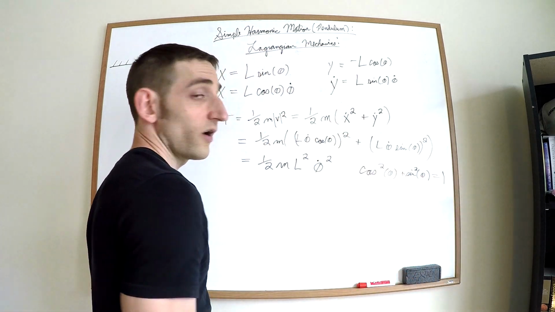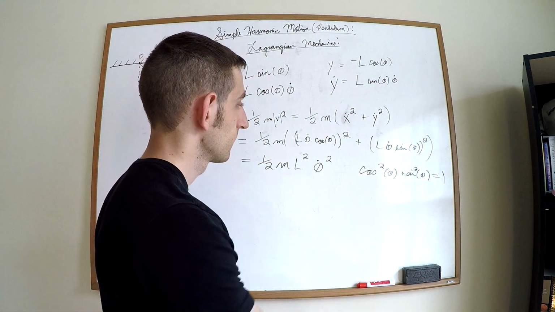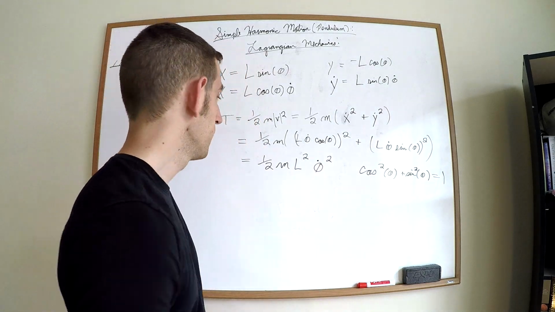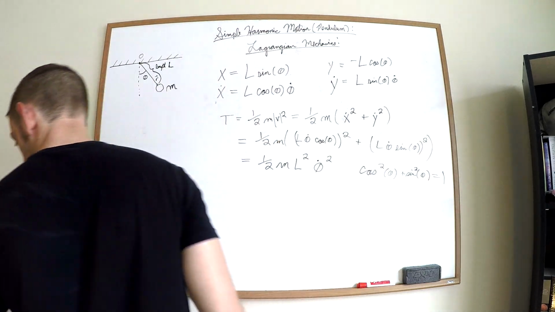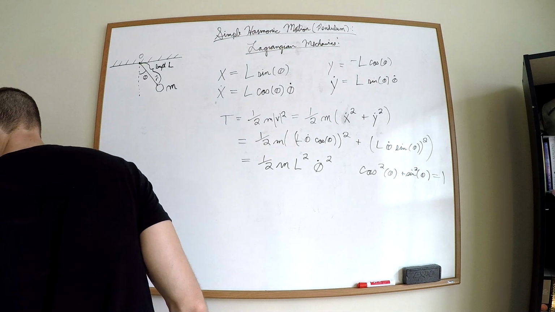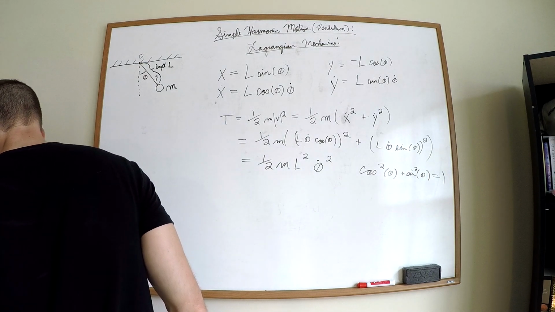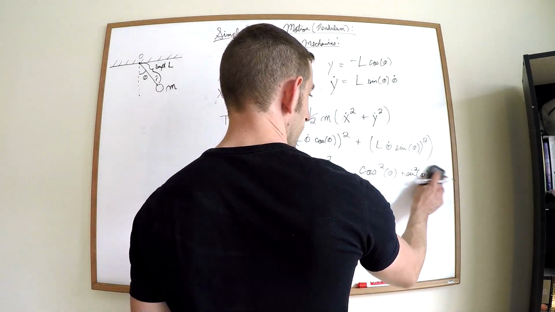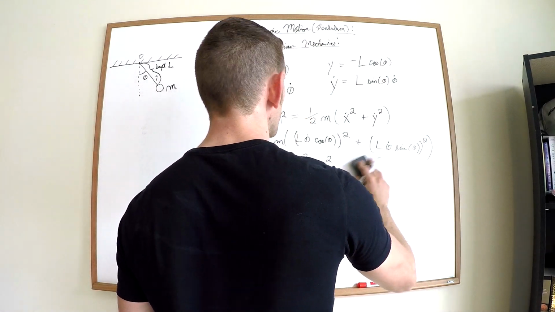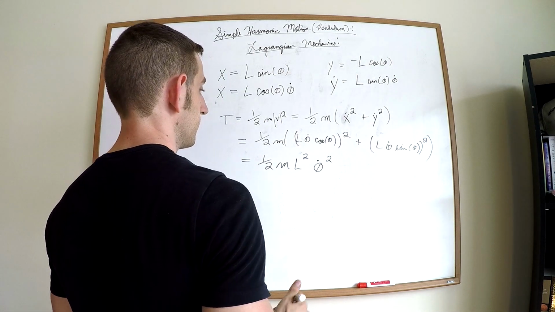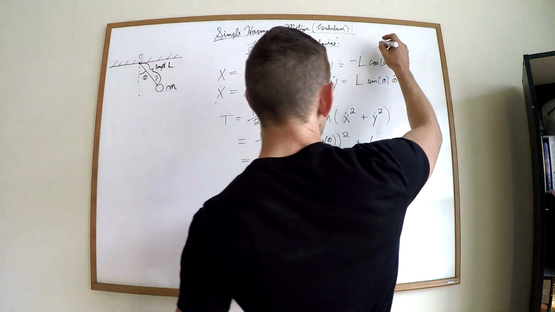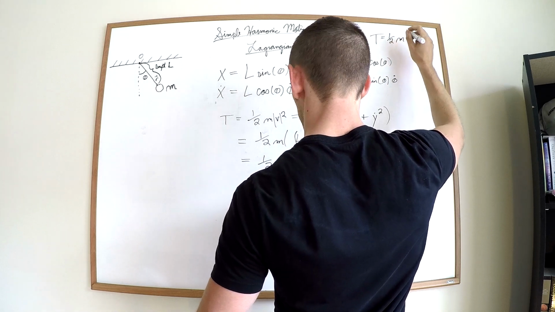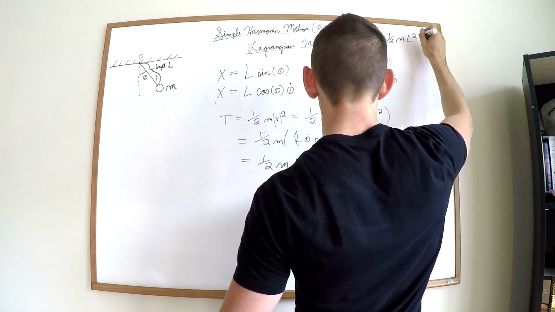I took out the L squared theta dot squared, multiplied by this, that equals 1. Bam! We end up with our final result right there. All right. So, what we're going to do is we're going to take that, put it up here.